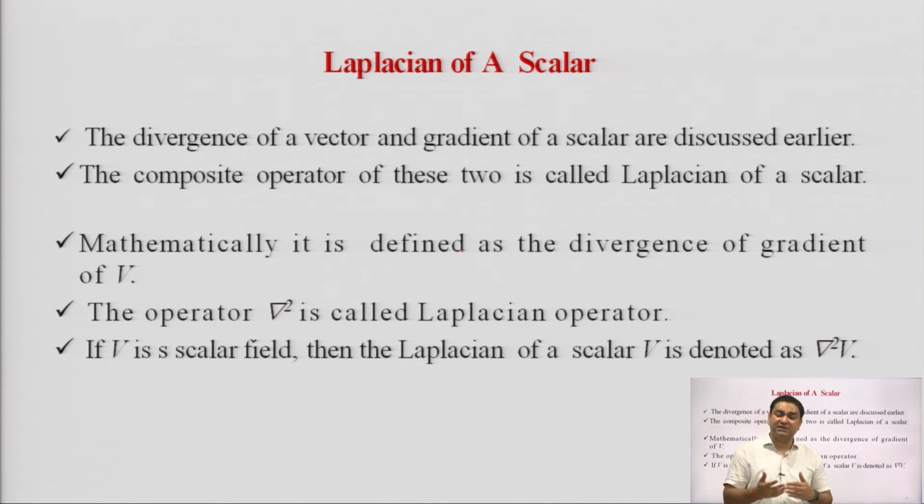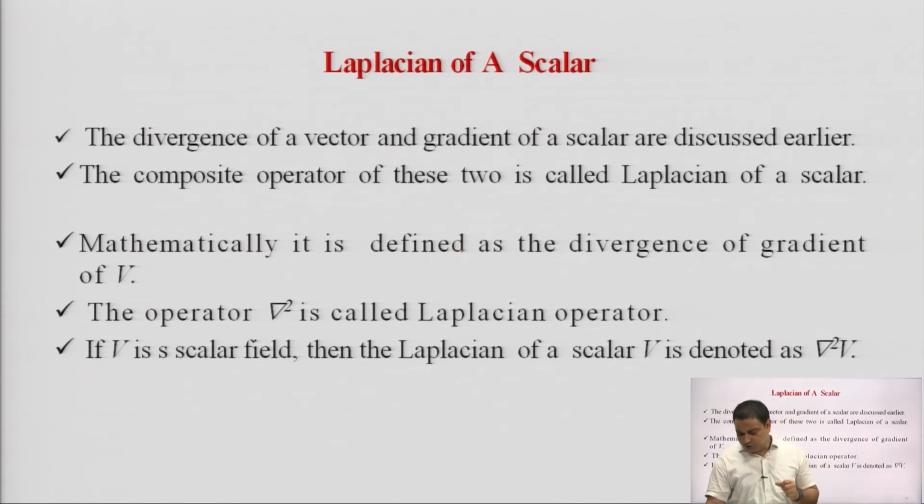Mathematically, it is defined as the divergence of gradient, and when we put del dot del, it means del square. So the Laplacian can be denoted as del square, and the Laplacian of a scalar V is del square V.